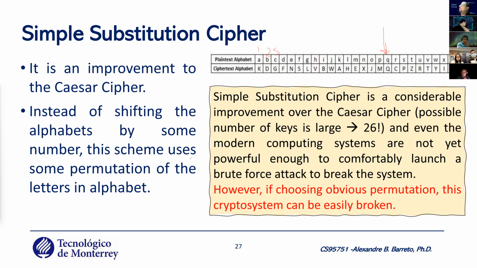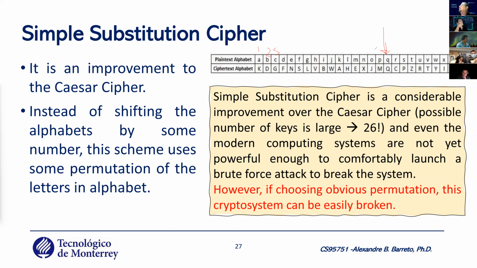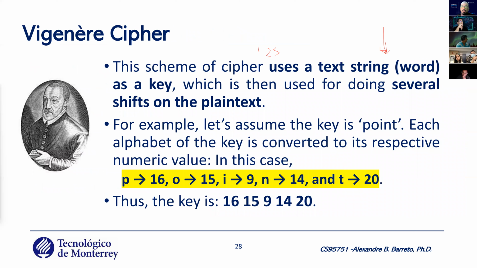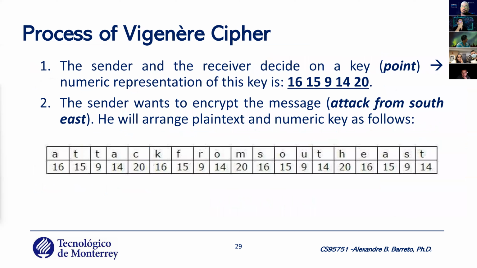So the next one is the O. It's the same idea. O is one letter before P. And you continue to the other letters, 1, I, 9, and so on. What you need to do: A is 16, it's easy to understand.